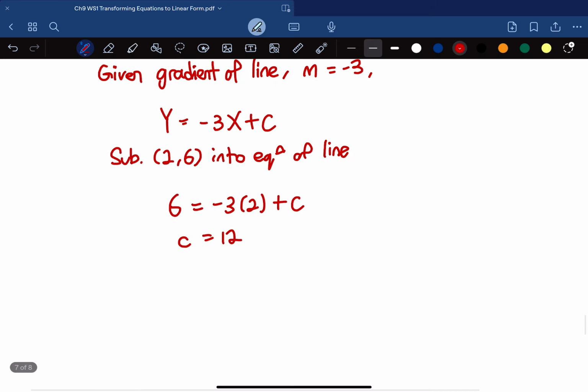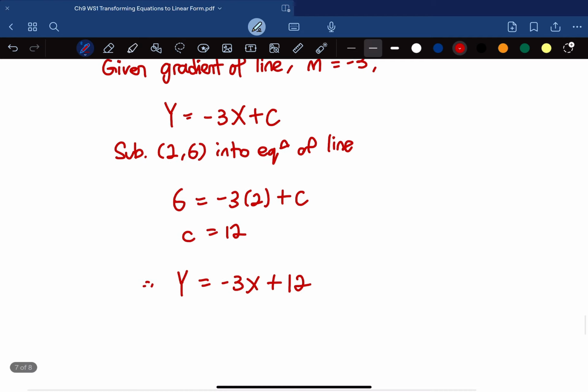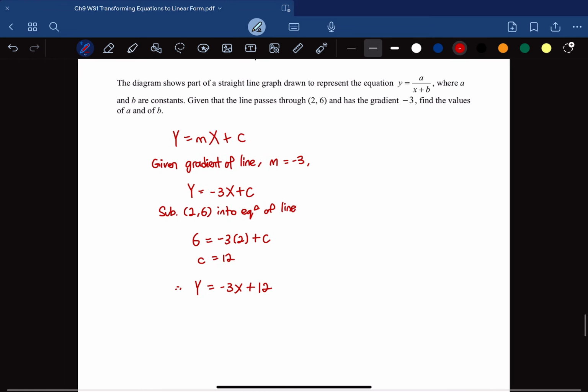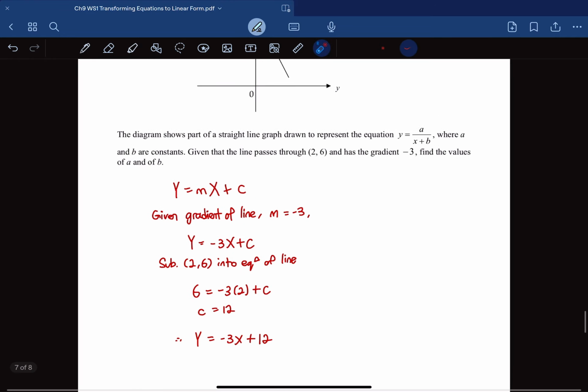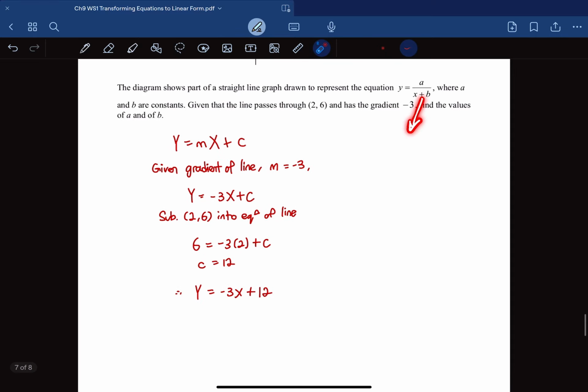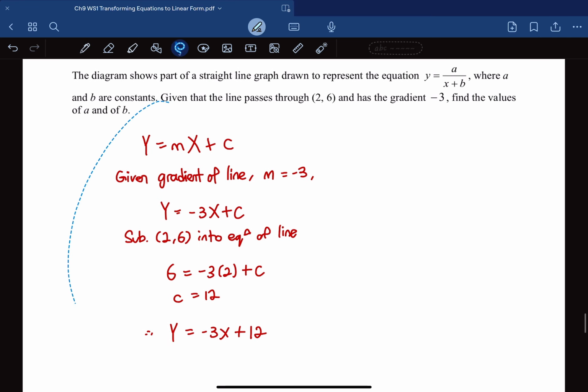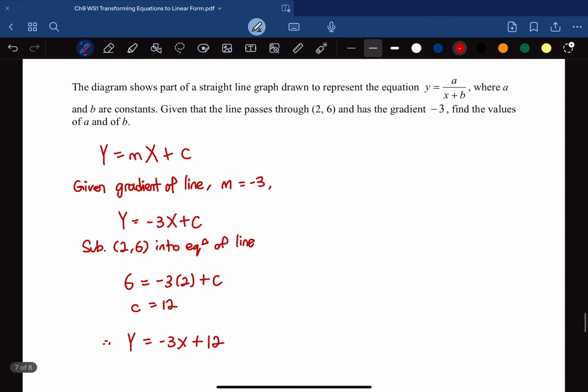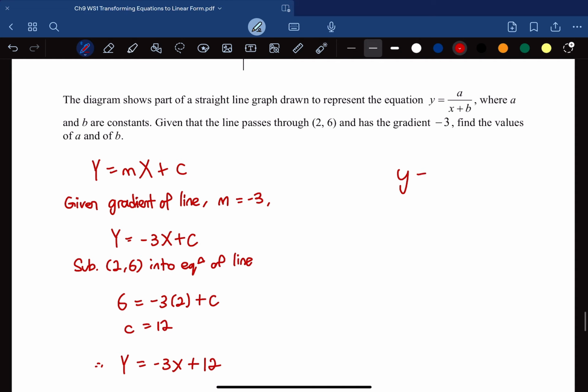So therefore, for this graph here, y is equal to negative 3x plus 12. And now that I've obtained this, I can now find the values of a and b respectively. I start with this given equation over here. From this equation, I have y equals to a over x plus b.